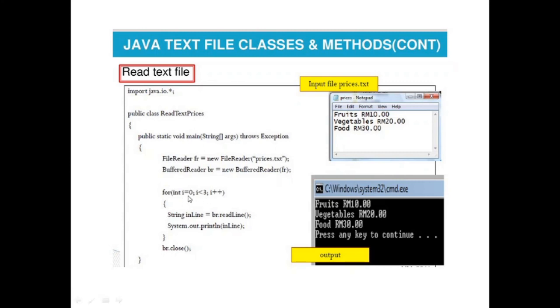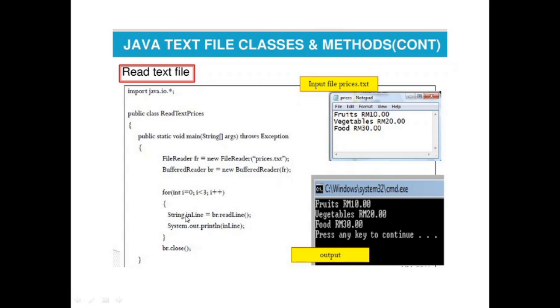As we already know that the file consists of 3 lines, the loop can be written from 0 to less than 3, and there is a String variable, inLine, that will read the line. The first readLine will return the first line, so br.readLine returns fruits RM10.00, and then it positions the pointer at the next line.